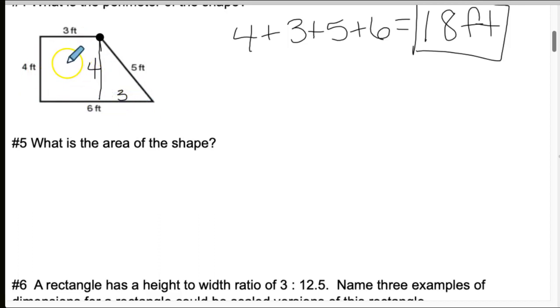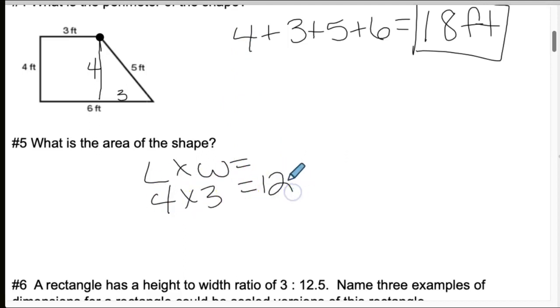Find the area of the rectangle or square. Let's say a rectangle first. 4 times 3 because it's length times width when we're talking about a 4-sided shape like a square or rectangle. 4 times 3 equals 12, so that would be half of the shape.